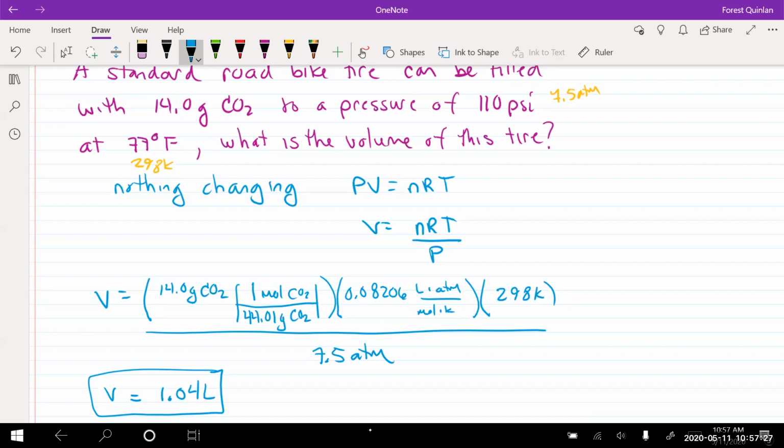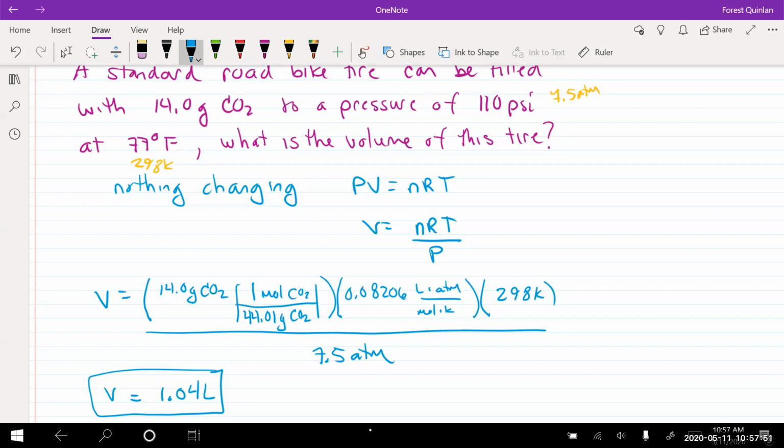Now, I do want to point out that this is a real life problem. You can buy those little CO2 cartridges at bicycle stores. So if you're changing a flat on the side of the road, and you put your new tube on, you just take this cartridge, you push it on your valve, and boom, your tire just inflates perfectly to the exact amount.